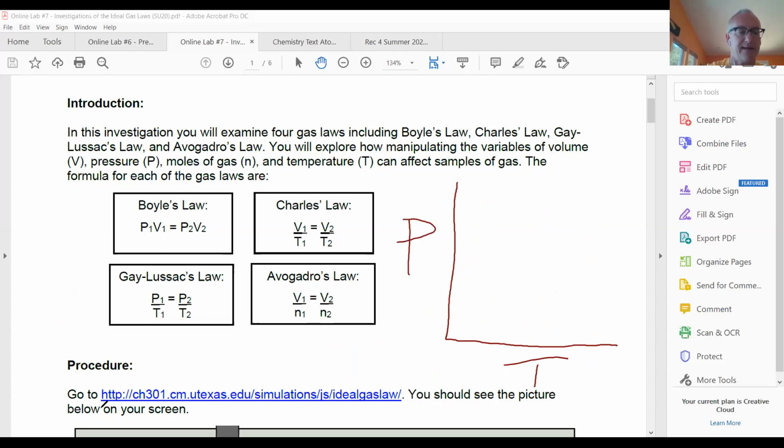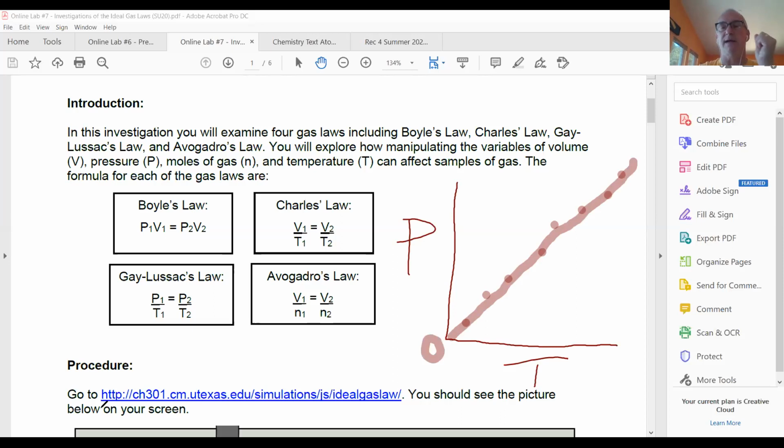And so as I plot these, I should see something like this. I should see a direct relationship. And I go all the way down, and it should go through the zero.